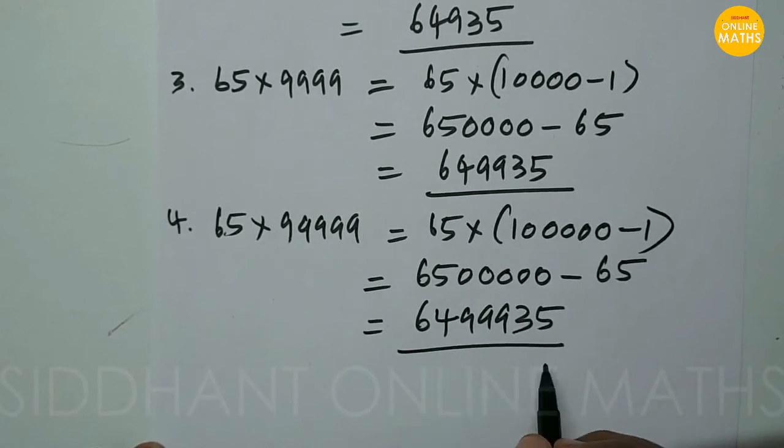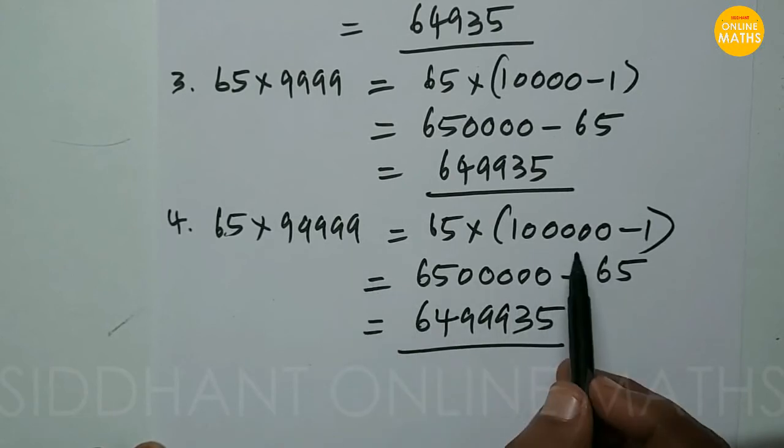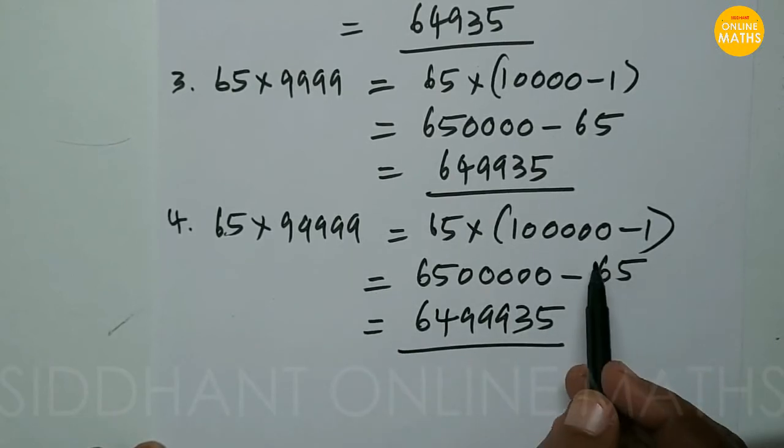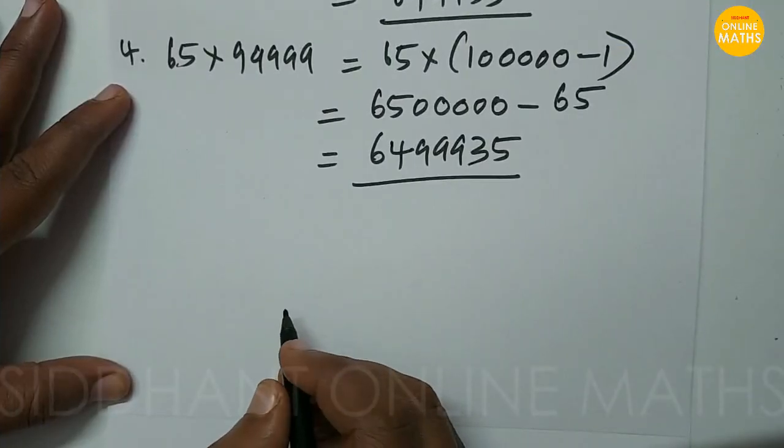So in this way we are going to do the multiplication in an easy manner. As you see the nines, whenever you are going to see the nines here, you just convert into 0 minus 1. Like means 9 is there means 10 minus 1. So let's discuss the other pattern with 5s here.